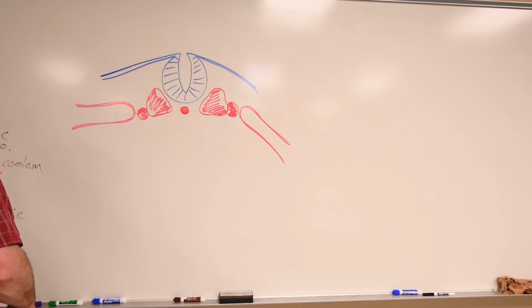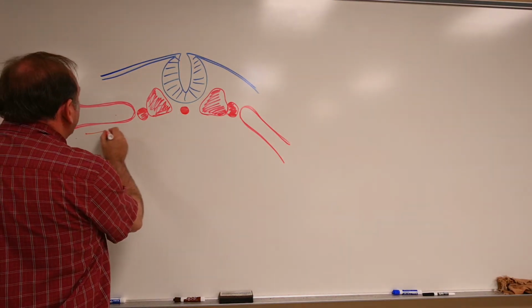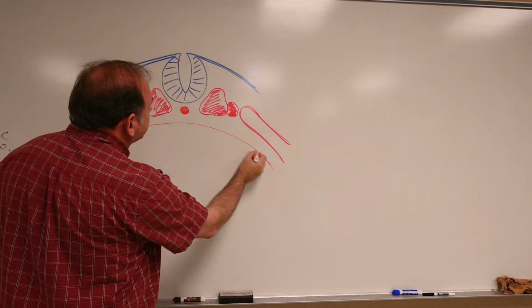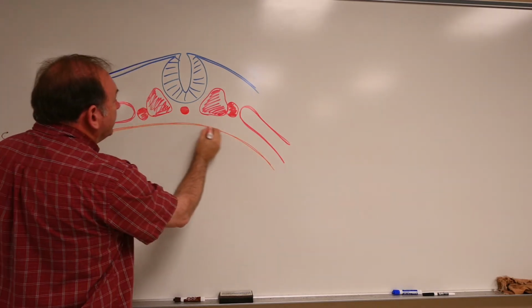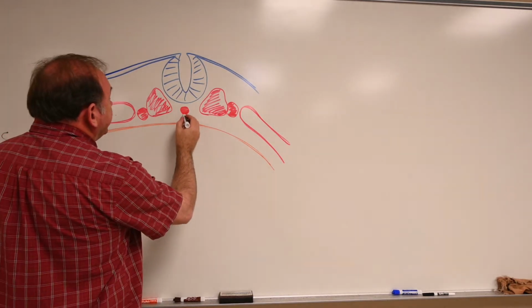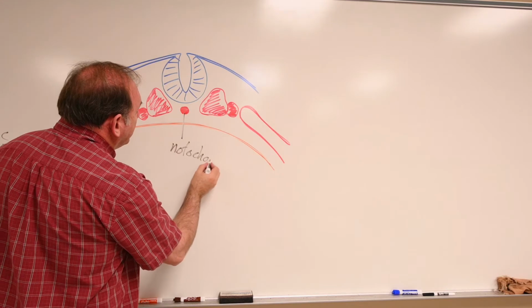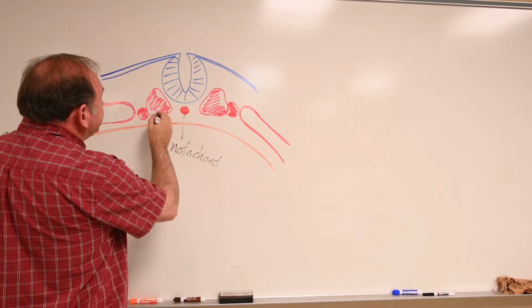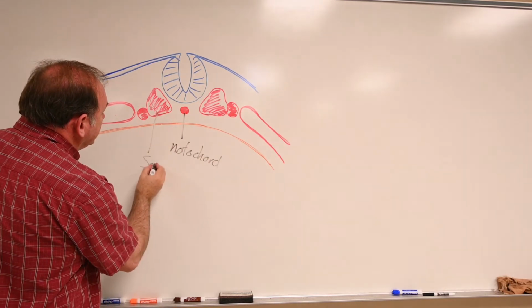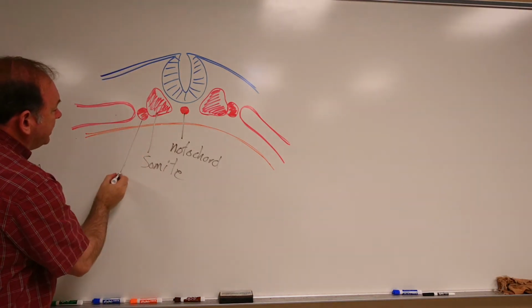There will be, of course, still the lower layer of endoderm going across through here as well. Well, let's go ahead and label this. This is notochord. This is somite. This is intermediate mesoderm.